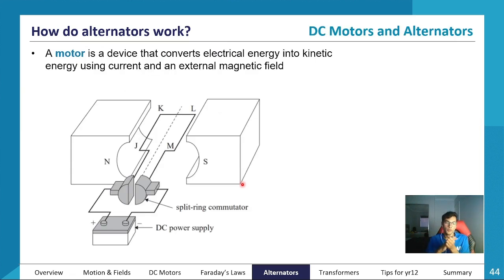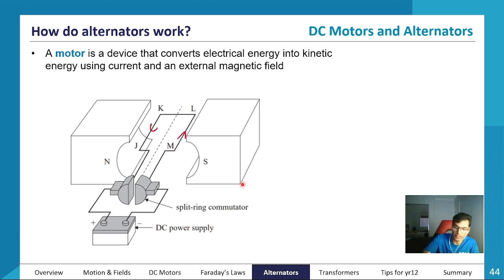Cool. So what we can do with all this information is make a motor. If we say the current is going this way, we can find the direction of the force.